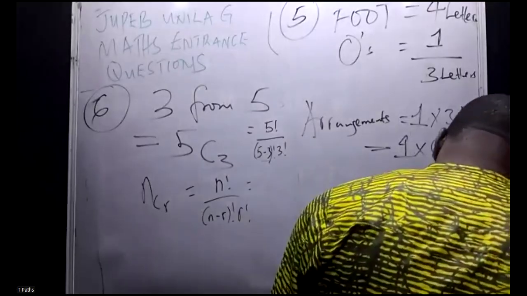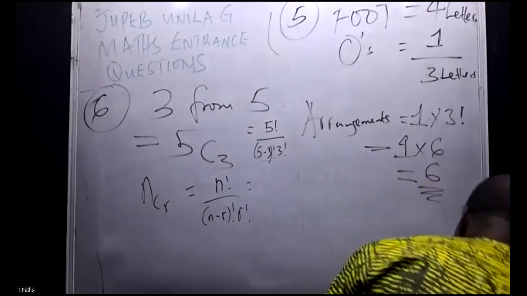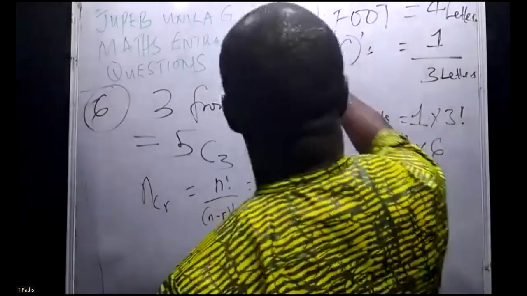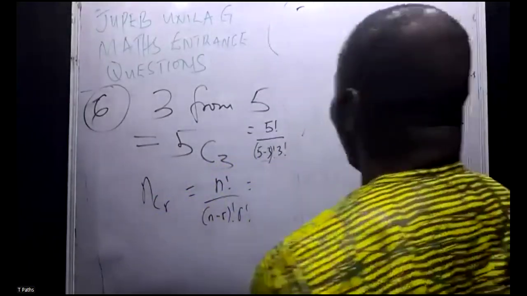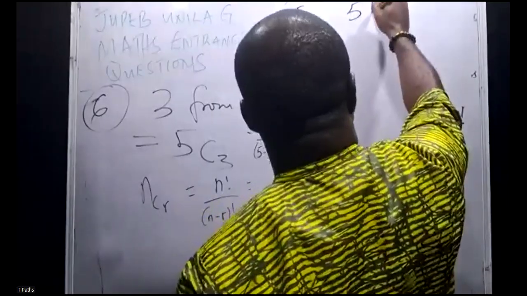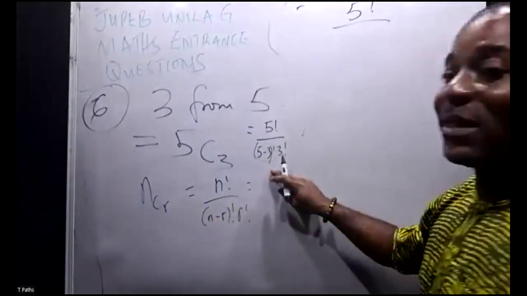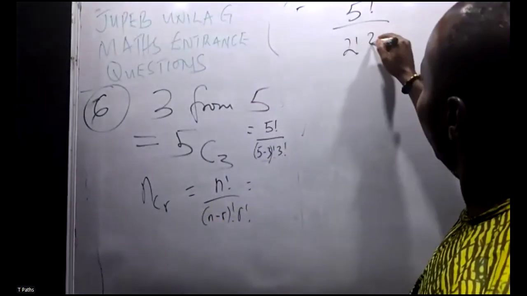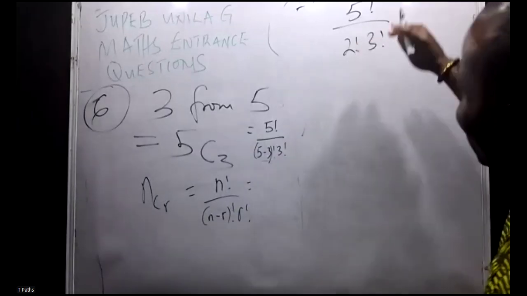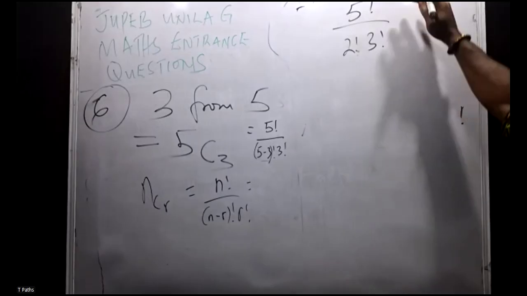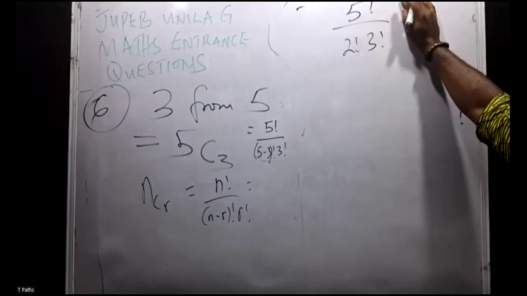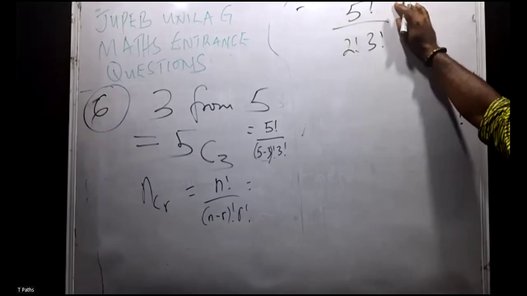So we have 5 factorial over 5 minus 3, which is 2 factorial, times 3 factorial. 3 factorial is the highest on the denominator side, so the 5 factorial will be reduced to stop at 3 factorial.